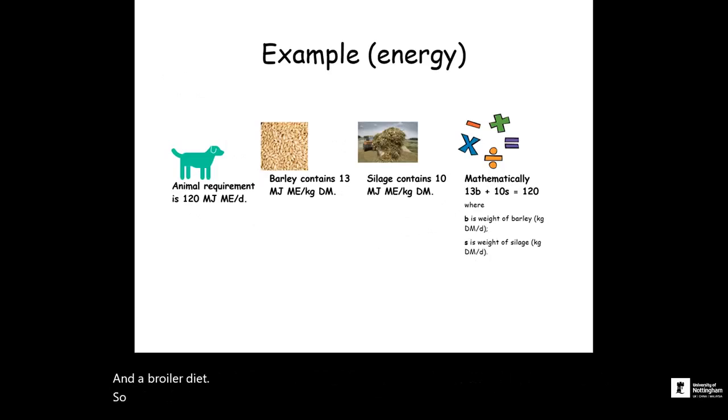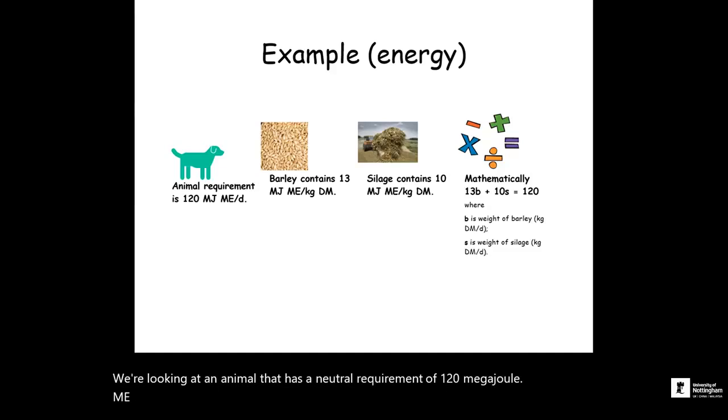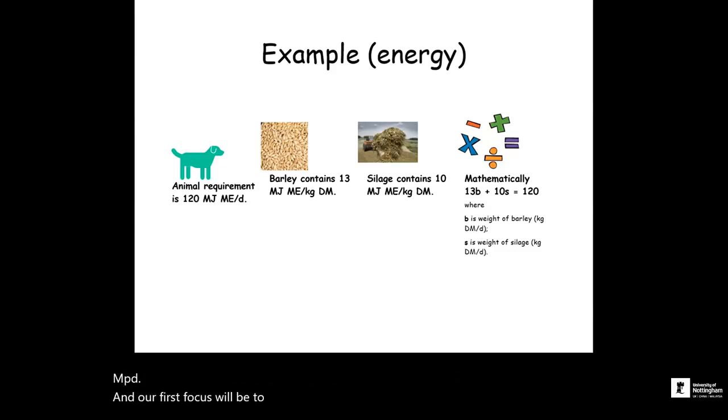So using energy as a case study, we're looking at an animal that has a nutrient requirement of 120 megajoule ME per day. And our first focus will be to combine barley. Barley has 13 megajoule ME per kg dry matter. And silage.